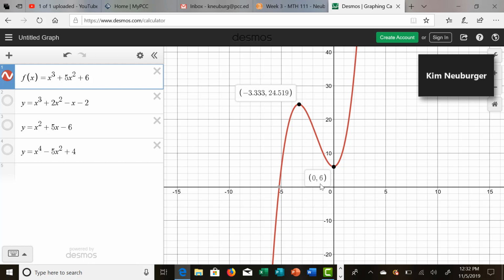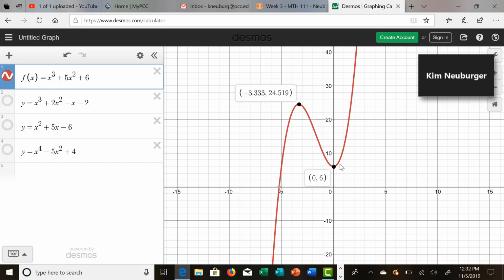The local minimum here is 6 because just in this little teeny area here, the lowest value we have is 6. And notice that I'm taking the y-coordinates for maximums and minimums. So the lowest value would be 6, and it happens at x equals 0.